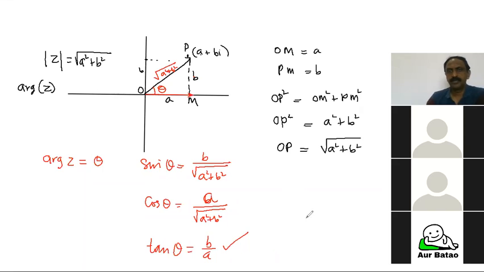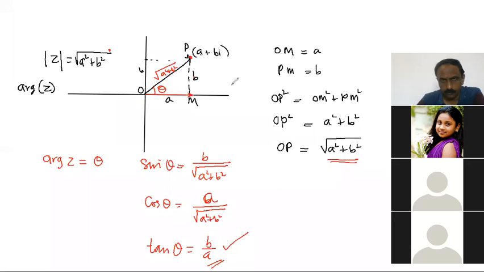All right. So this formula, whatever I have written here, is applicable only if the point is in the first quadrant. If the point goes to the second quadrant, in your textbook and in your syllabus, you have always been measuring in this direction. But it depends on book to book.